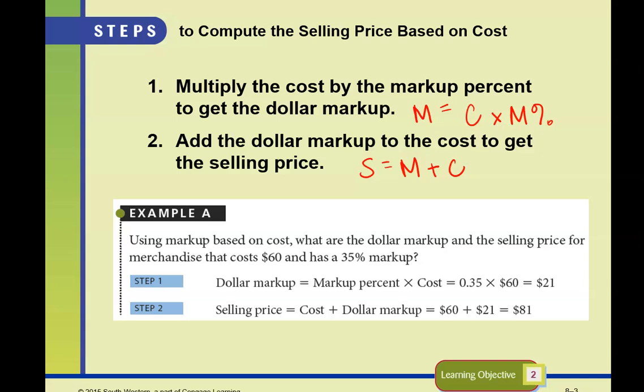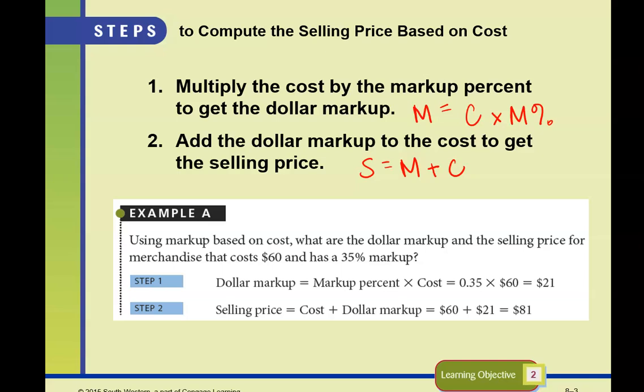The first step, of course, is to calculate your dollar markup. In this case, we multiply 35% by $60, which gives us $21 as our dollar markup. The selling price is simply the dollar markup plus the cost.